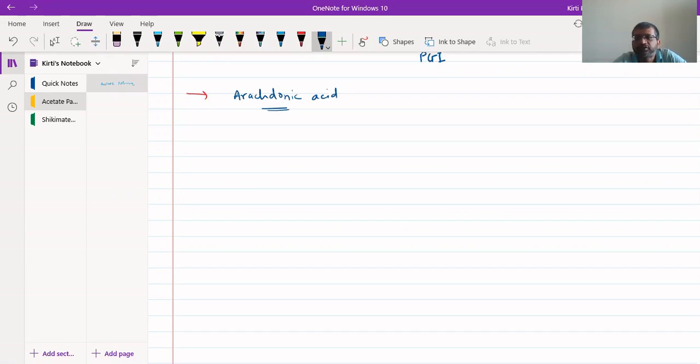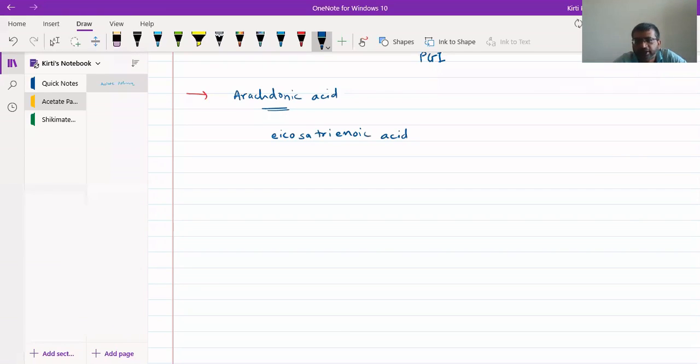To make first series, second series, and third series, we also name this arachidonic acid in different ways. One is eicosatrienoic acid, tetraenoic acid, and pentaenoic acid, depending on how many double bonds it has. So we have it here as eicosatrienoic acid. This is our starting fatty acid.